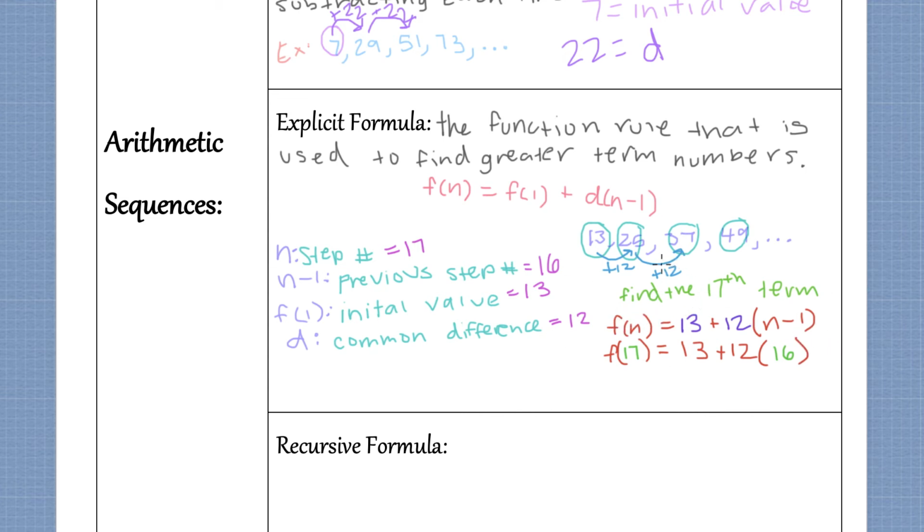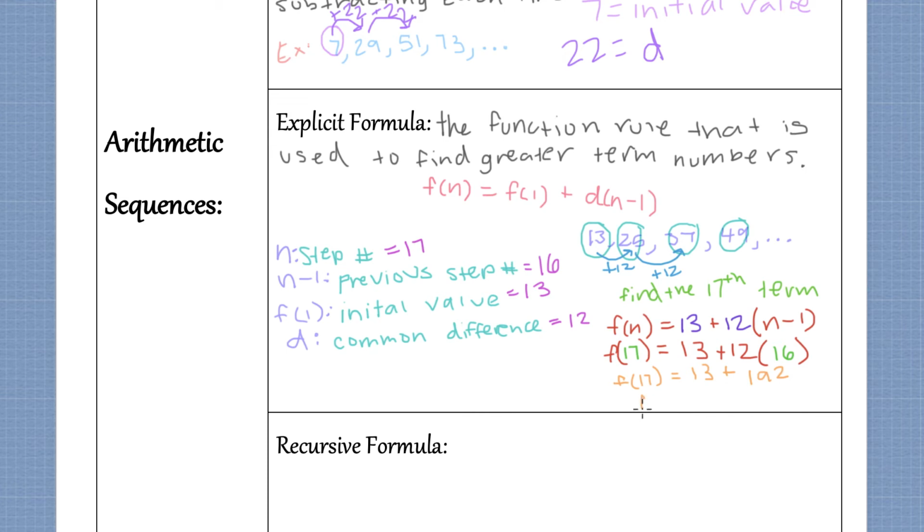And so now we have to solve for this to find the 17th term. What we're going to do first is 12 times 16, so f of 17 is equal to 13 plus, and 12 times 16 is 192.